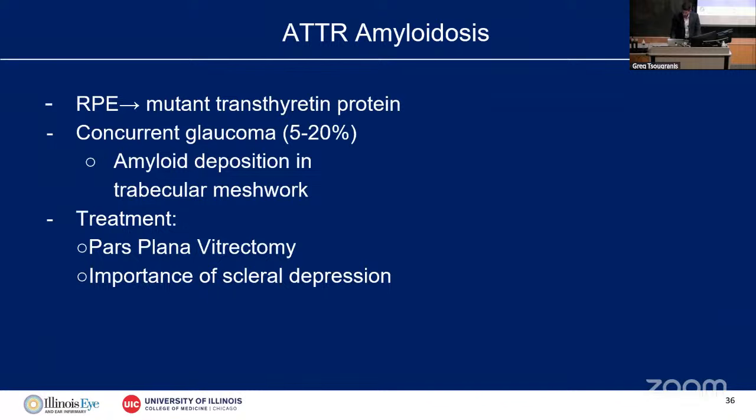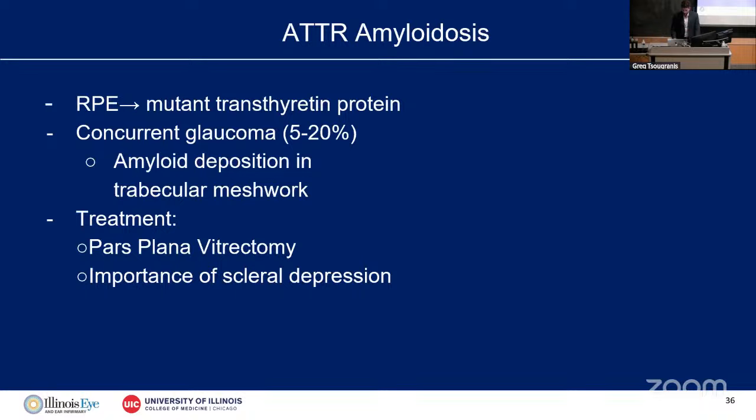And then just quickly to summarize a bit more about this transthyretin mutant amyloidosis, as I mentioned, this transthyretin is manufactured by the RPE, which is why the vitreous is involved. In these individuals who have confirmed transthyretin amyloidosis, it's important to evaluate for concurrent glaucoma, where studies have shown about 5 to 28% of these patients have an open-angle glaucoma, and this is thought to be due to amyloid deposition in the trabecular meshwork.